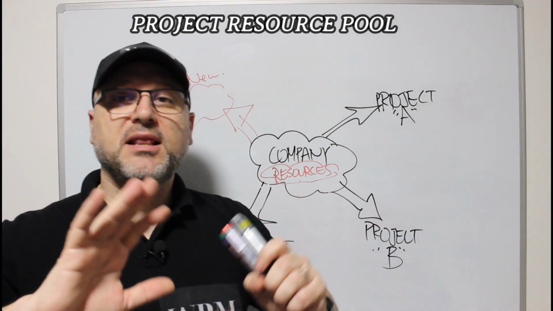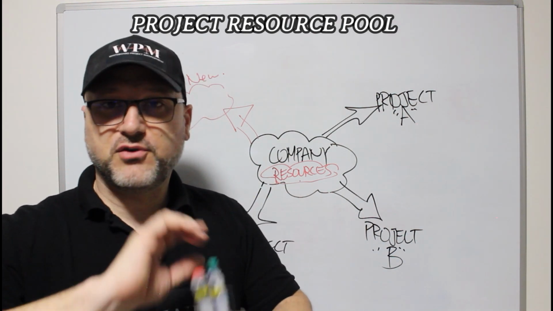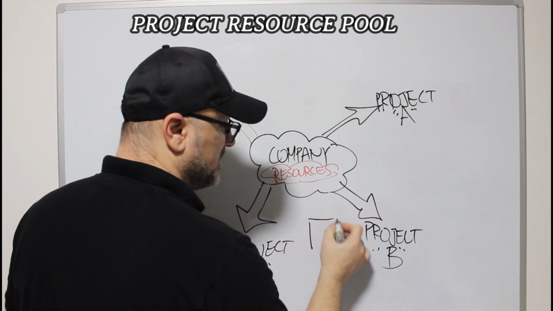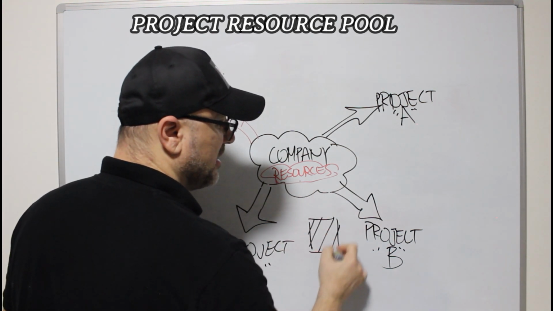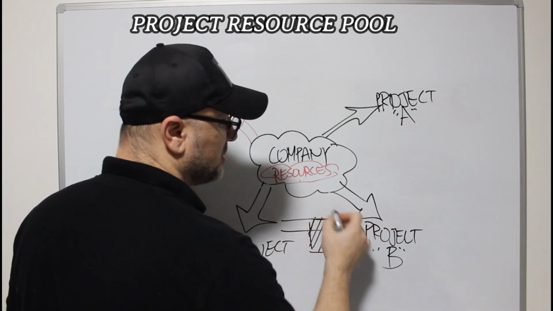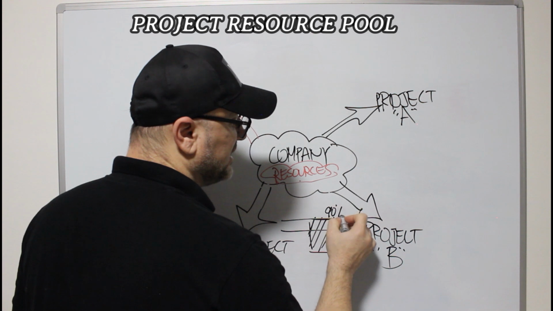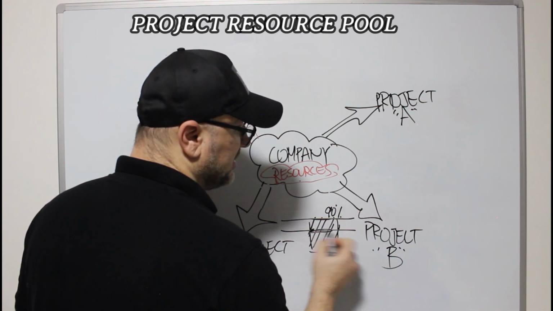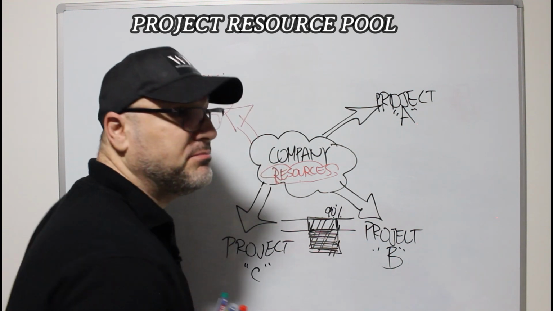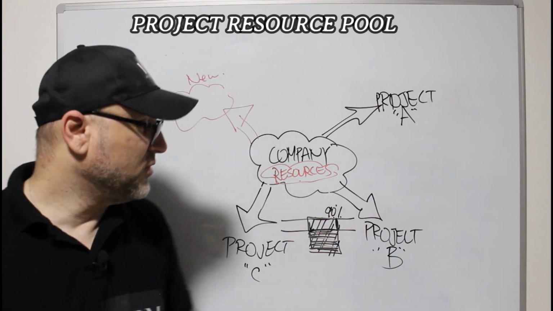Each resource must be idle for some time, but if you take one resource, a good plan is to keep this resource a minimum of 90% occupied and 10% only as buffer time.